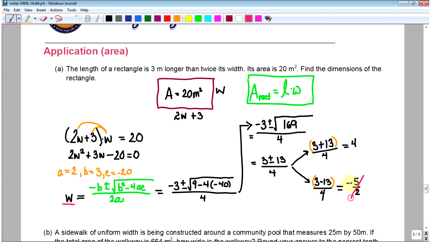So we can reject the negative value, and our width must equal 4 meters. To find the length, we just plug the 4 in. So we get 2 times 4, which is 8, plus 3 is 11. So our dimensions would be 4 meters by 11 meters.